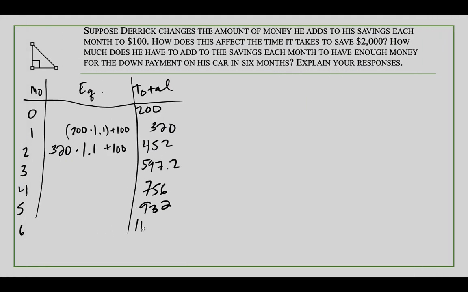So pretty close. All right, so I want you to experiment to figure out how much he has to add to savings each month so that when we get to month 6, we end up at $2,000.